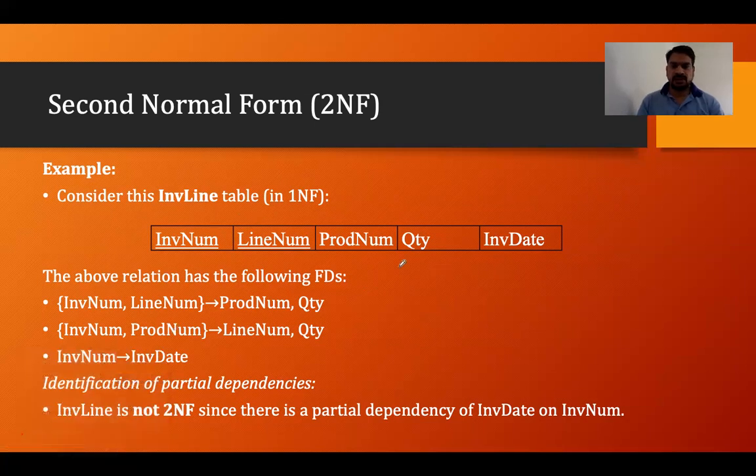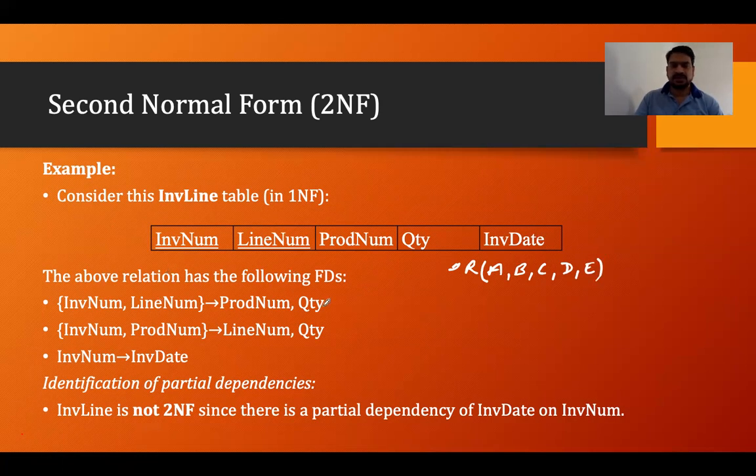Assume that we have a relation like this, and we are abbreviating the attributes as A, B, C, D, and E.